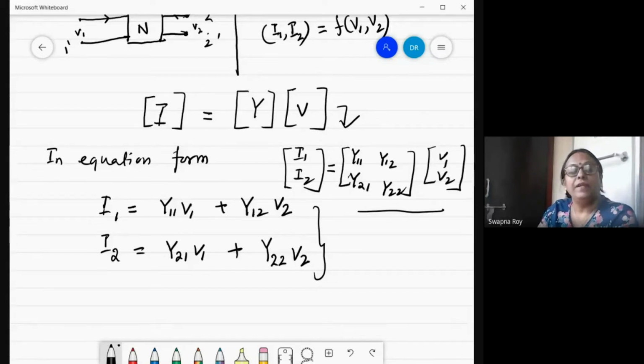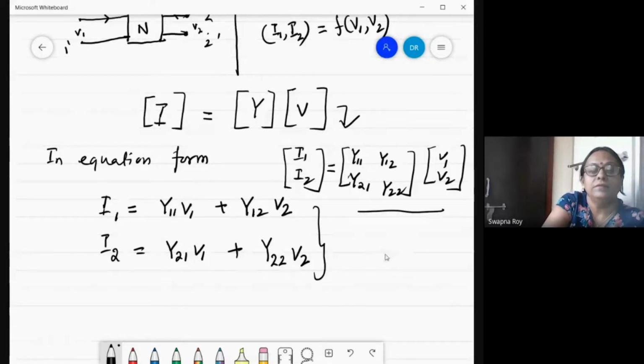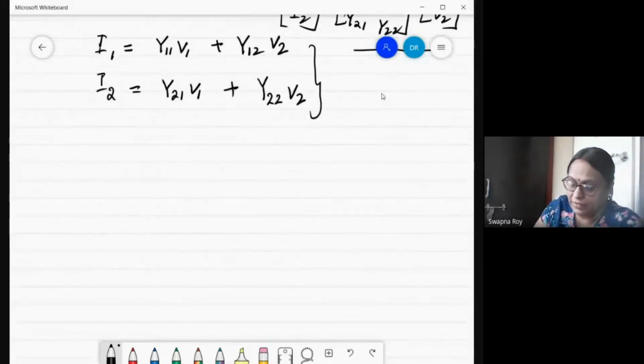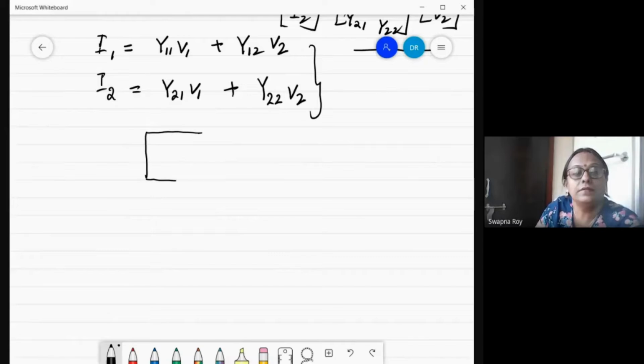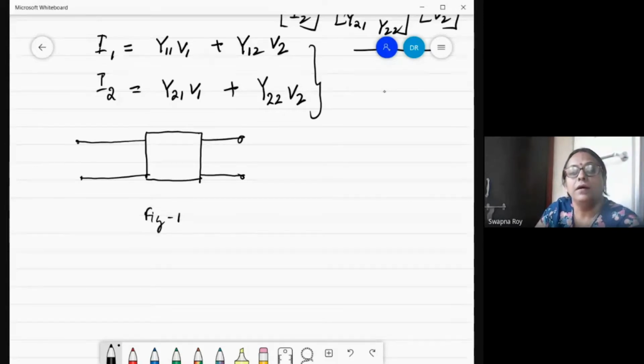Similarly, when input port is shorted. So this one is figure 1 and this one is figure 2.